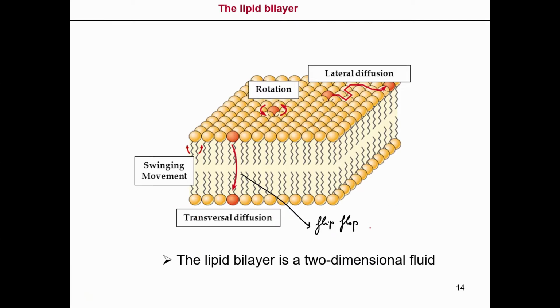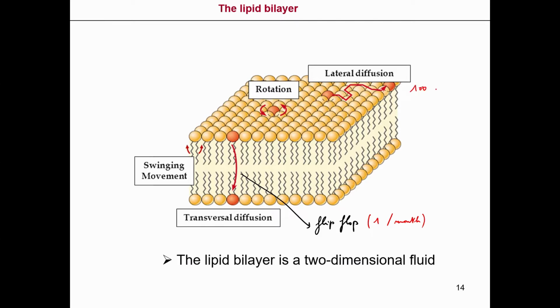Indeed, it's something very rare. It occurs about once a month, so let's say that it never happens. And you have also lateral diffusion. It means that the phospholipid moves inside its monolayer.